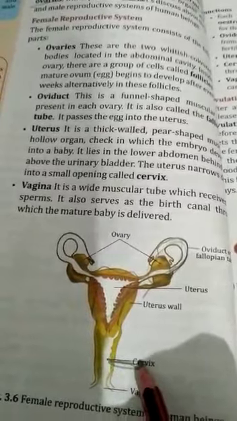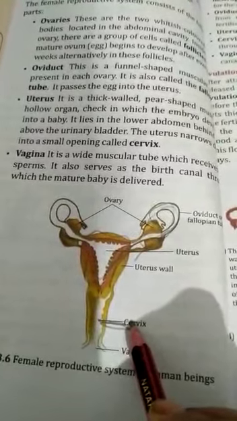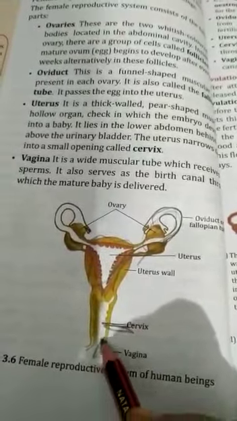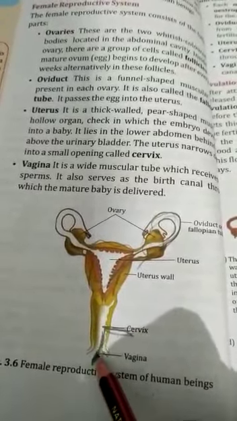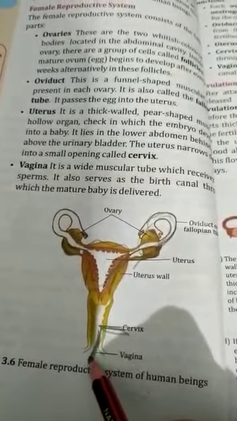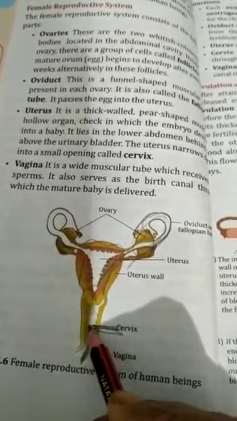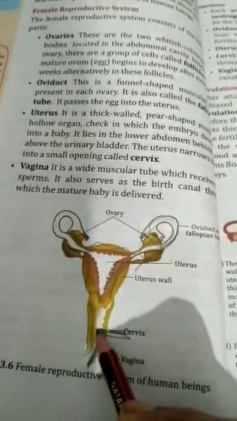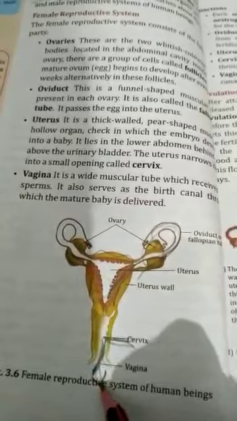This is the cervix. Now this cervix continues to the vagina. The vagina is a wide muscular tube which receives the sperm. It serves as a passage for sperm from the male to enter into the female. It also serves as a birth canal through which the mature baby is delivered.